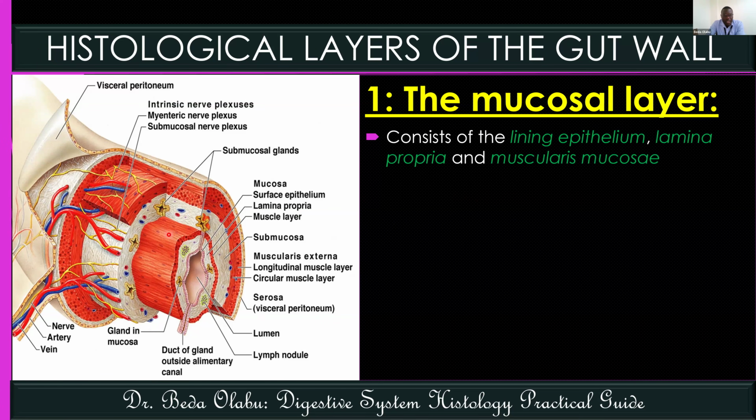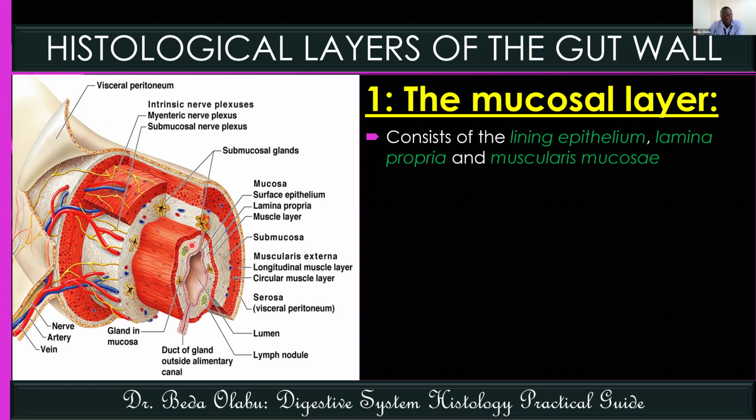We have the lining epithelium, basically the epithelium that lines the digestive system, therefore separating the lumen of the alimentary canal from its wall. Deep to the epithelium is the lamina propria. The lamina propria is a connective tissue layer just beneath the epithelium.